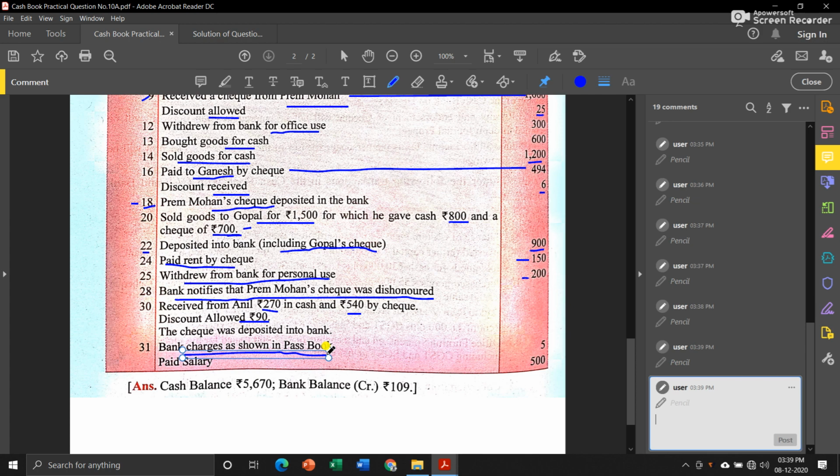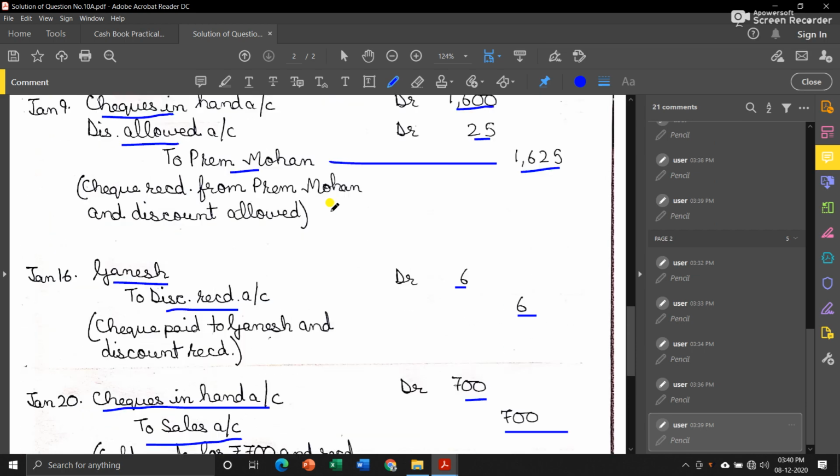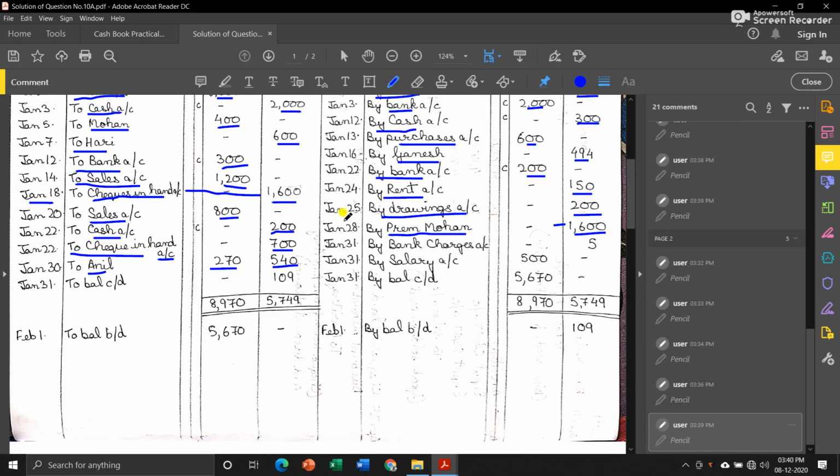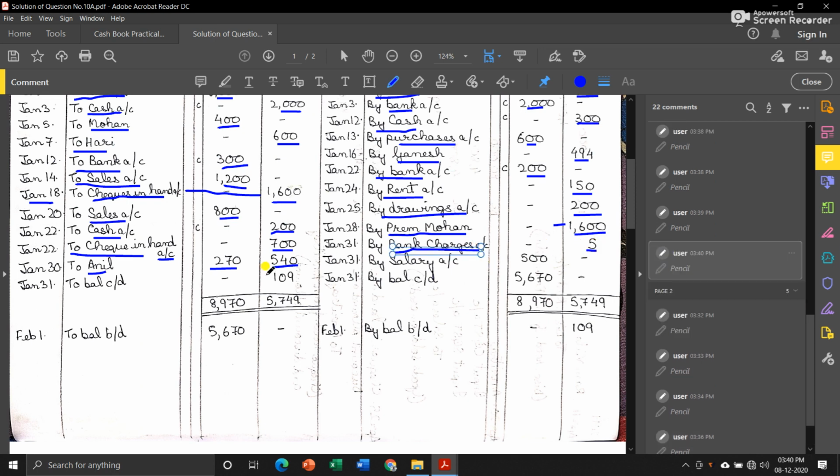So in that passbook it is shown that rupees 5 was deducted from our account as bank charges. So since it was deducted from our account, we have to record it in our cash book as well. So since this is payment from our side, we will record it in credit side by writing by bank charges account rupees 5 in the bank column, because they are going to deduct rupees 5 from our bank account.